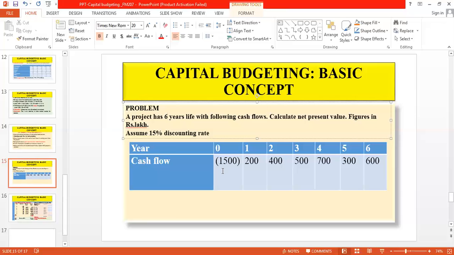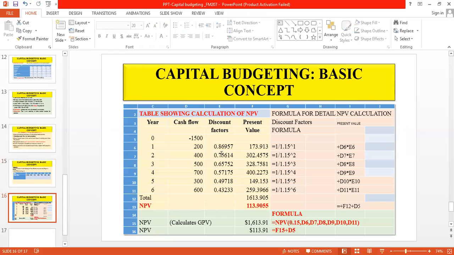But remember, the figures of cash inflow are future figures where we have not considered the time value. If I consider time value, then these cash flow figures will be much less. So we have to consider the time value. And for calculating time value, we will assume a 15% discounting rate.